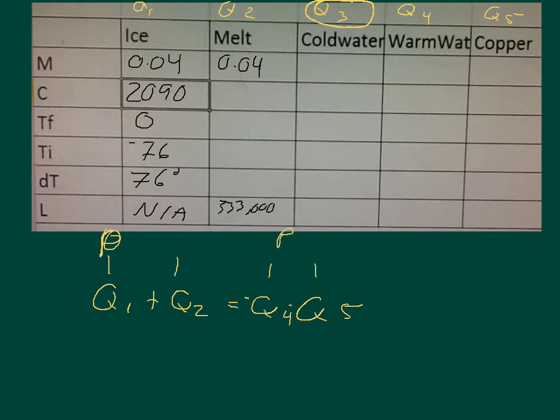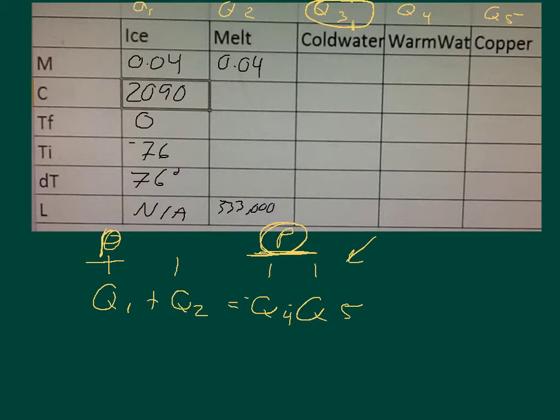If this side is greater than this side, then we know that the ice didn't completely melt, because we have more heat being added than what could possibly have been lost. If, however, this side is greater, we know that the ice did completely melt and some of the cold water was warmed up. So we're going to set it up like the ice completely melts and that was it.